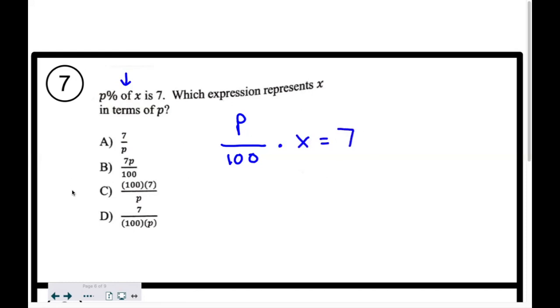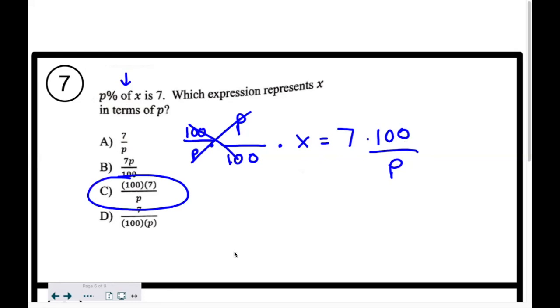This is the equation we start with, and then it's pretty straightforward. X in terms of p means I just want to get x by itself. So I'm going to multiply by 100 over p on each side. And that's really it. It's 7 times 100 over p. I mean, it's 700 over p, but the way they've given the answer here is C. All right.